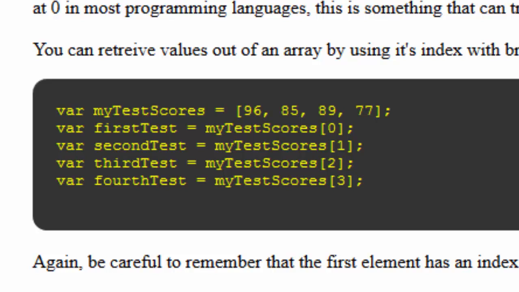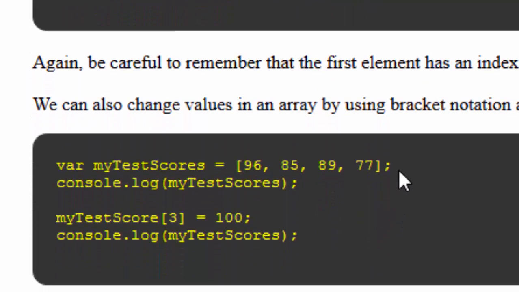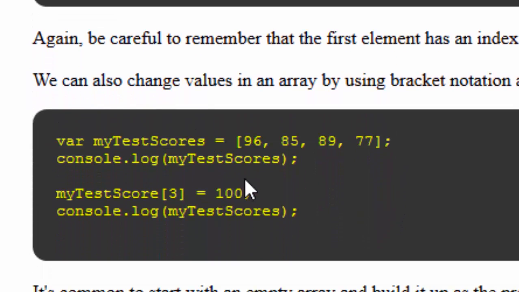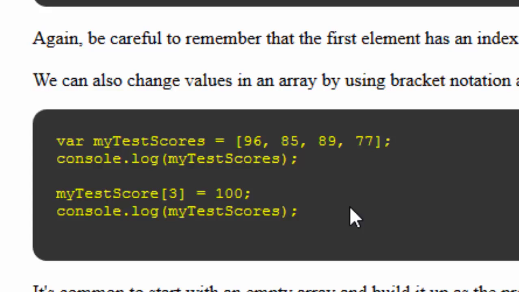Okay, so we can also use bracket notation to update these values. So let's scroll down to this example here. I've got the same array that we've been working with, and this is the line I want you to focus on right there.